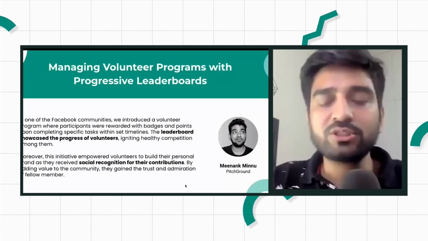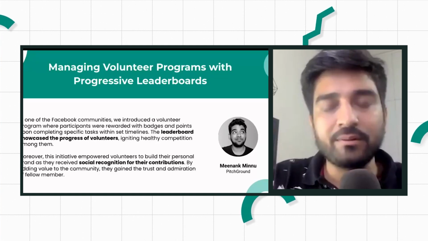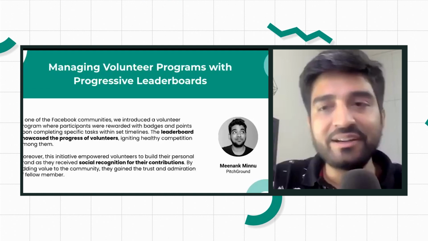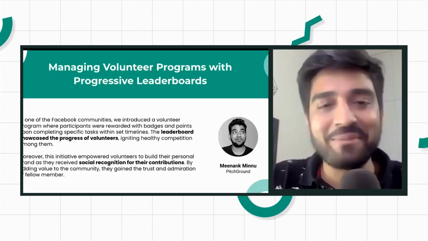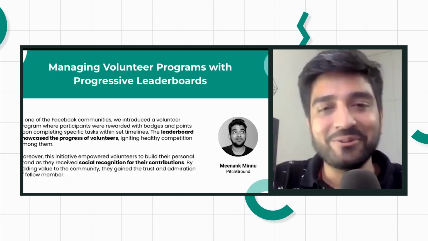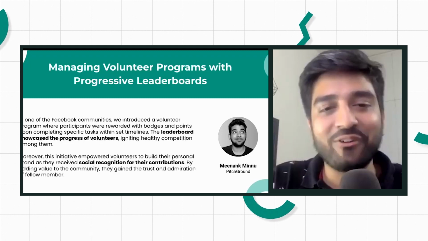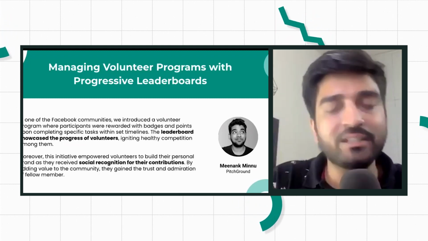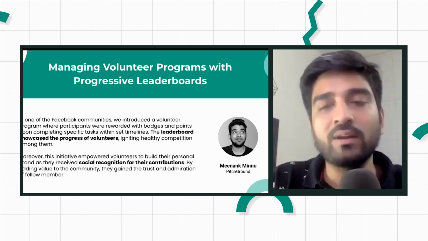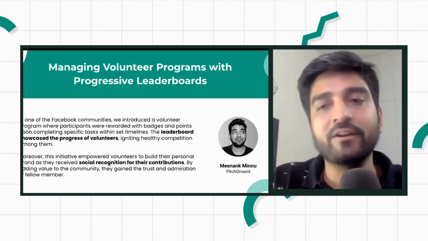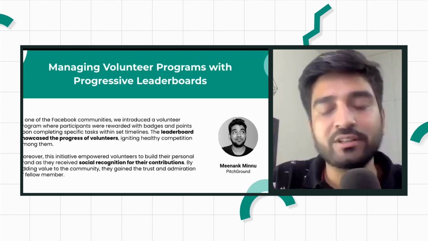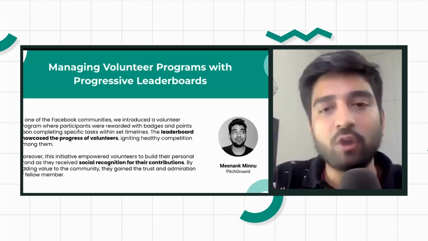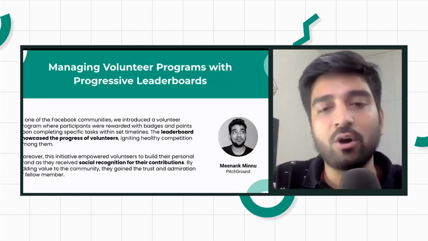Now, Minank also shared a very, very interesting example around creating leaderboards, but not for their members, but this was a leaderboard that they created for their volunteers, and there was a transparency within the team around how, let's say, certain points were awarded to volunteers based on their activity, and that actually helped the volunteers to really work a lot.